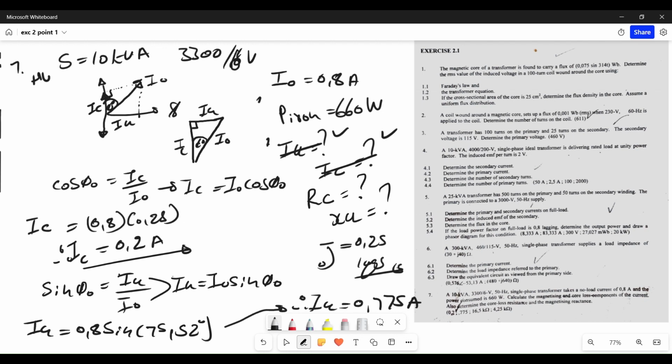So we found IC and IU, the magnetizing current and the loss component current.